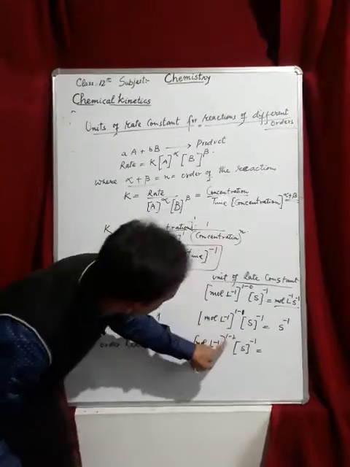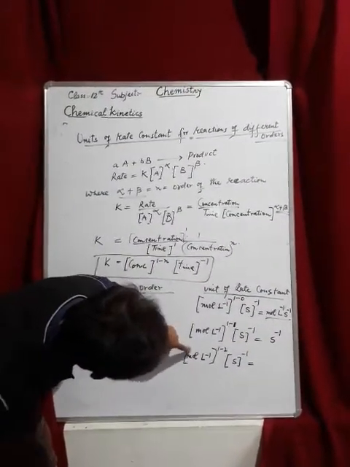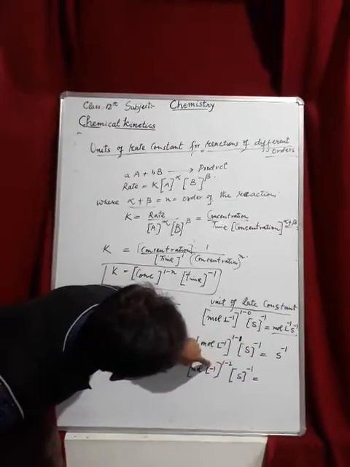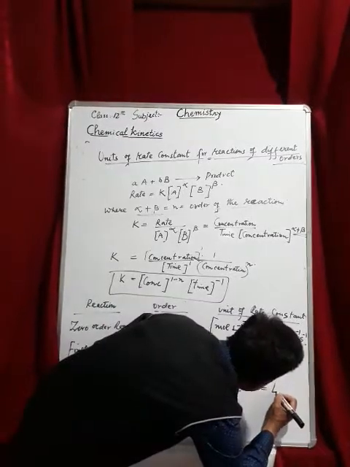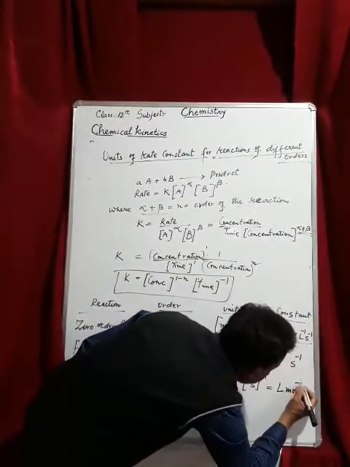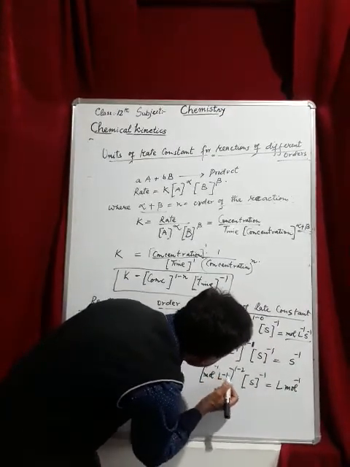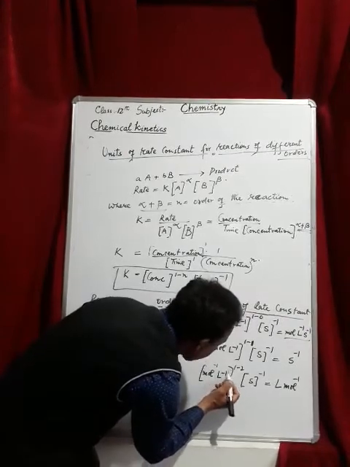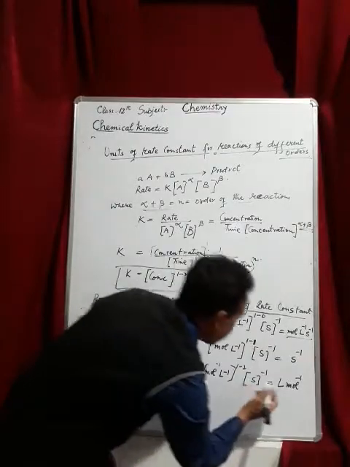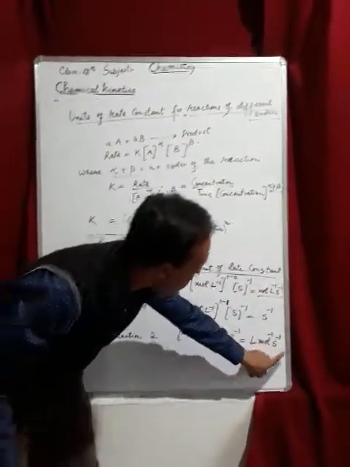That is 1 minus 2, that is minus 1. So minus 1 power में ले लेंगे, mole minus 1 liter, minus 1 into minus, that is plus. So it will become liter per mole, क्योंकि मोल का पावर -1 आएगा, लीटर का -1 इंटू -1 +1 आएगा, +1 की जगह हम L ही लिख सकते हैं, and per second. So this is liter per mole per second.